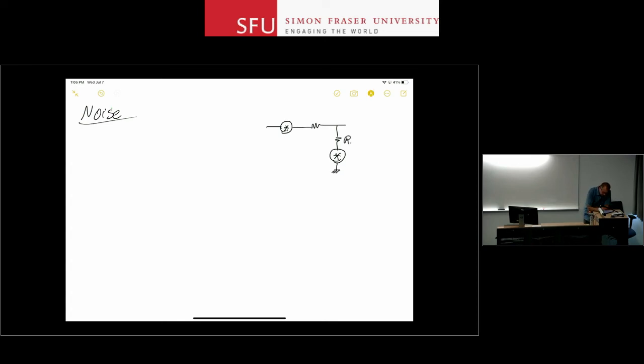So let's say this is R1, R2, and I want to estimate the total noise at the output. Let's say this is V in and this is V out. But if I'm talking about noise generated internally, so I'm only looking at what happens between the two resistors, V in is really not a problem.